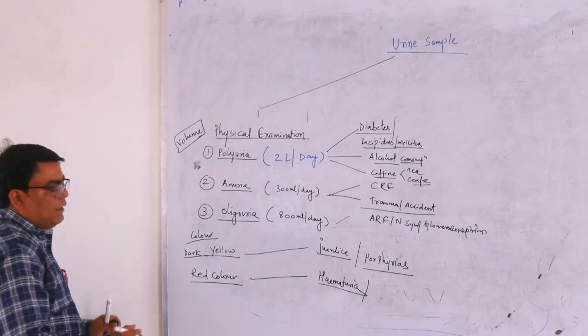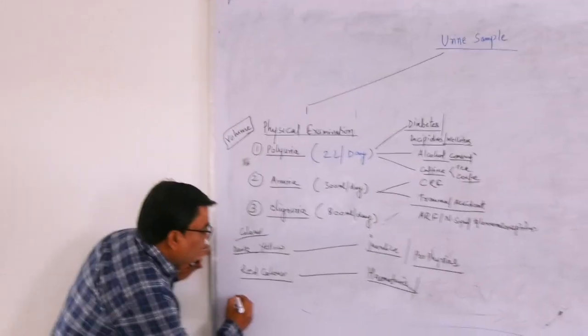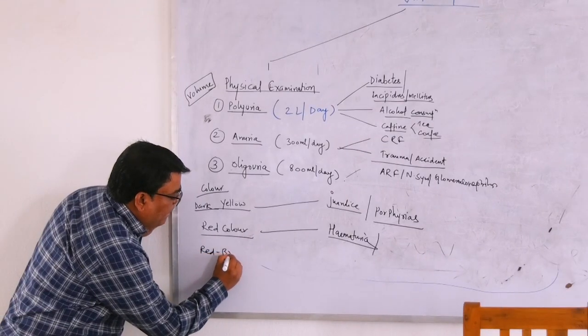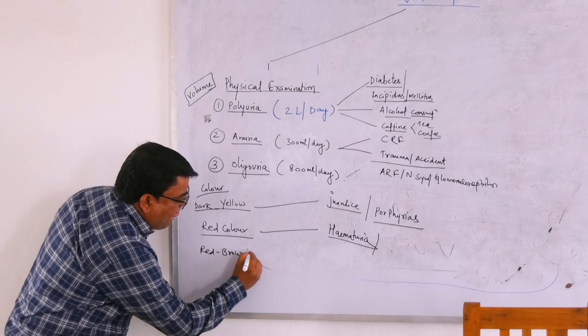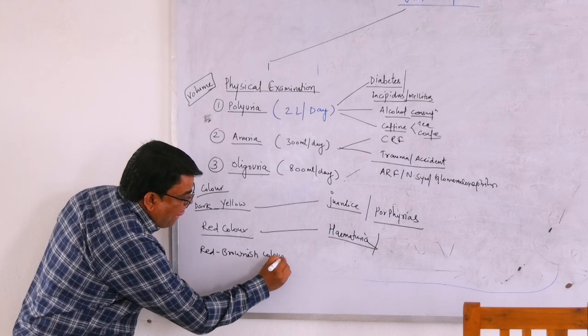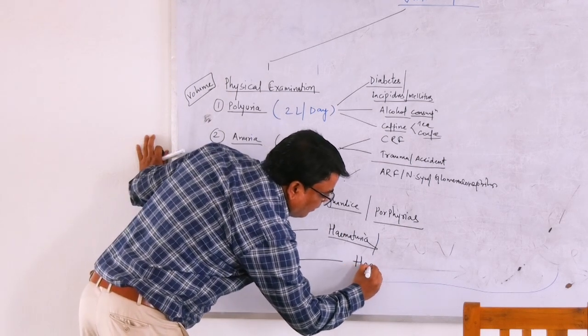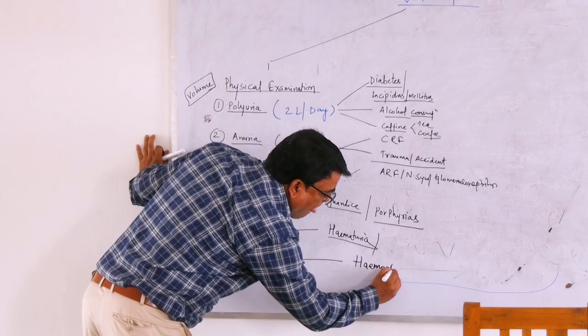Red color, and then red brownish color. It is the case of hemoglobinuria.